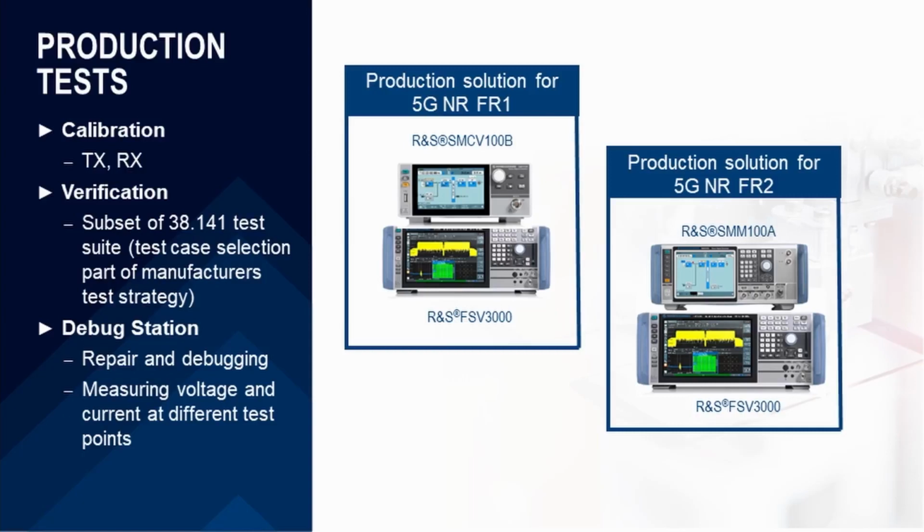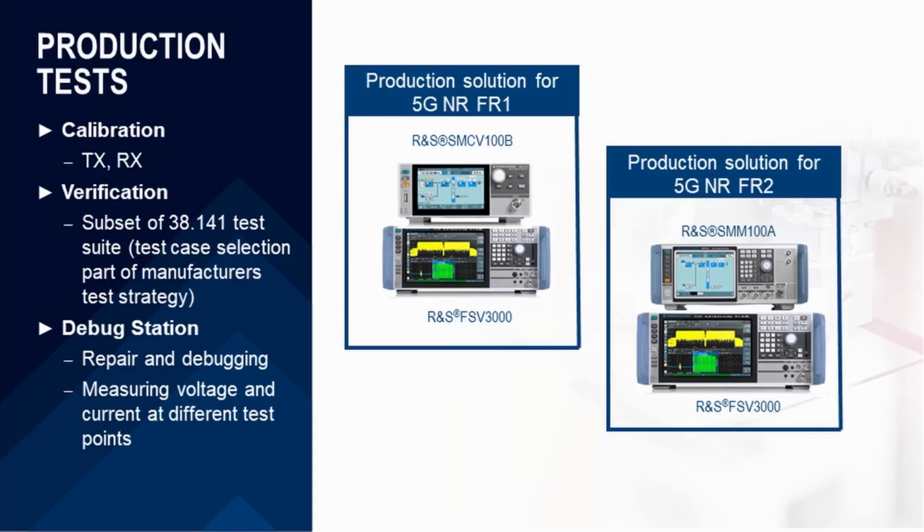And then coming to the solutions for calibration and verification in a production line, we do have two setups here. One for FR1, which includes the signal generator SMCV100B, and then the signal and spectrum analyzer FSB 3000 series.